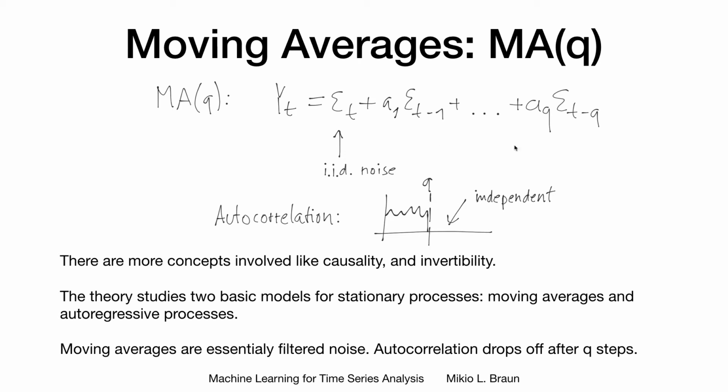Once you move beyond q, which is the order of the process, it drops to 0, because all the time points I get later are completely made up of noise terms which are independent of what y_t is made up of, so they are completely uncorrelated and independent. So I would not think of this as just some kind of noise, but more as a process which has a certain amount of memory, but then very quickly drops off.